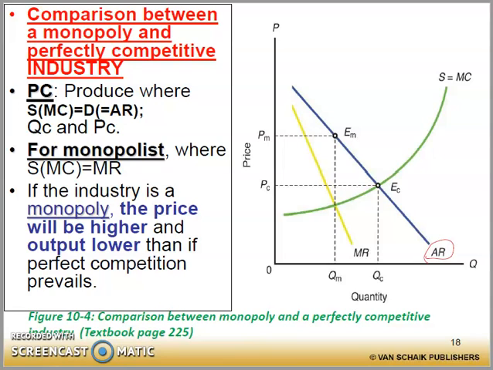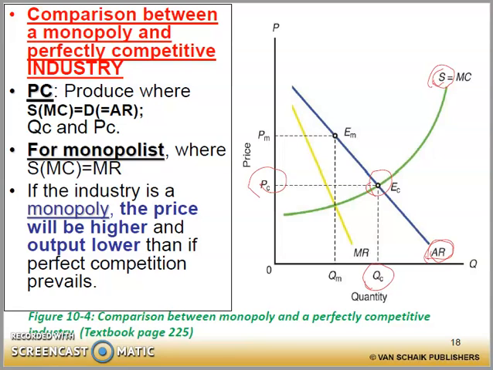So for a perfectly competitive industry, marginal cost can be regarded as the industry's supply curve or the market supply curve, S. Hence here we show the S together with the marginal cost. The equilibrium price and quantity are determined by the intersection of the supply, which is also the marginal cost, and the demand, which is also the average revenue here. So the equilibrium under perfect competition is indicated here at EC, that is the price of PC and the quantity of QC.